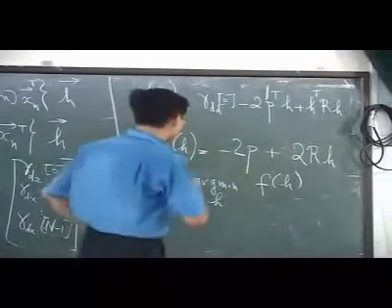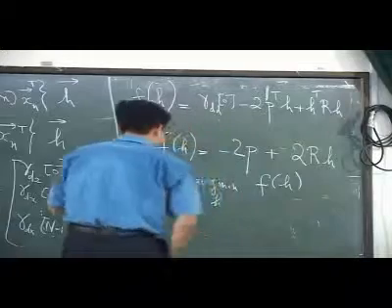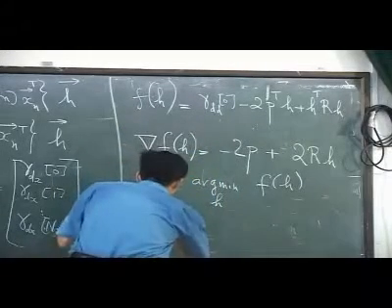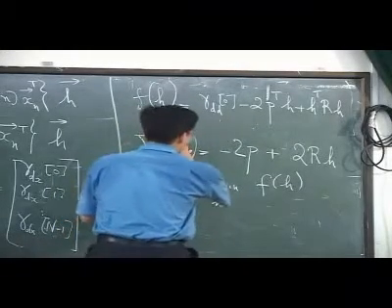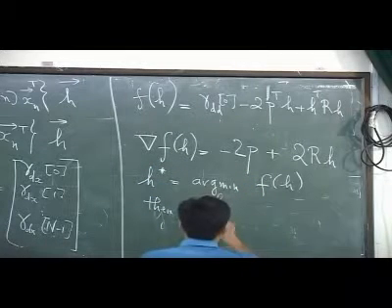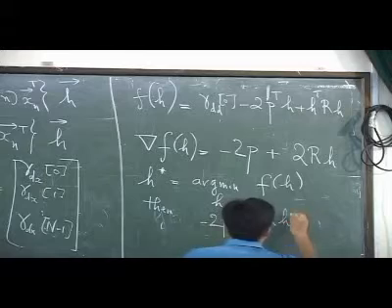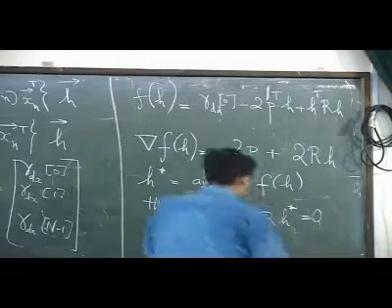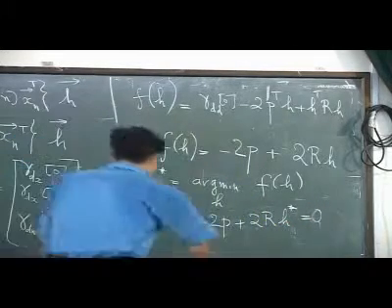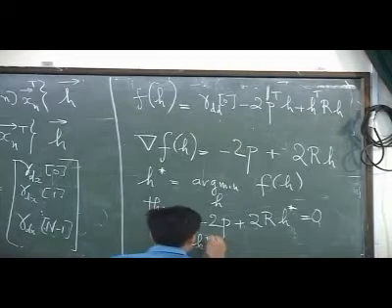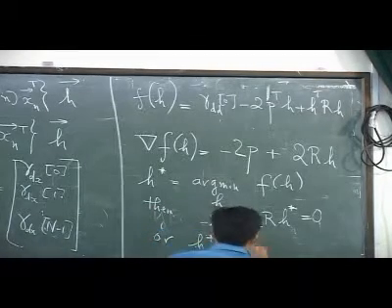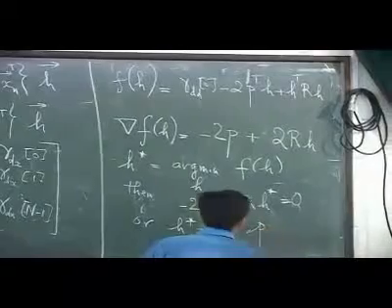So that means minus 2p plus 2 times RH equals 0, or H optimal equals R inverse p.